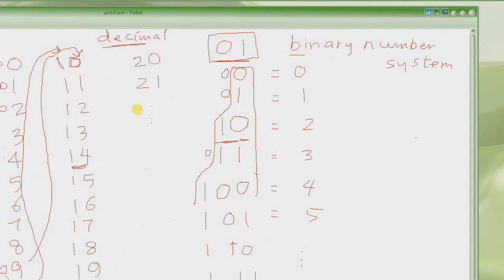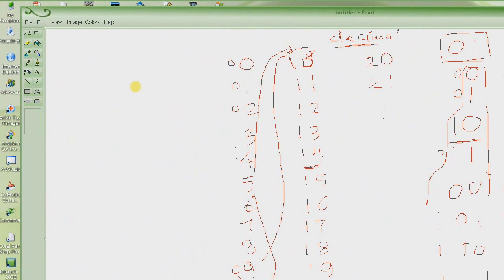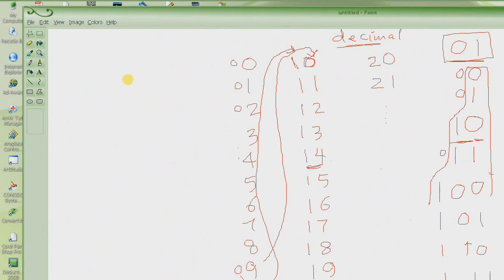So here's the thing. Let's see something else. If I have 4 decimal places, in other words, I can put 4 decimal digits here from 0 to 9. What's the smallest number that I can write here? It's 0 0 0 0, which is basically 0. And what's the largest number I can write in these 4 decimal places?